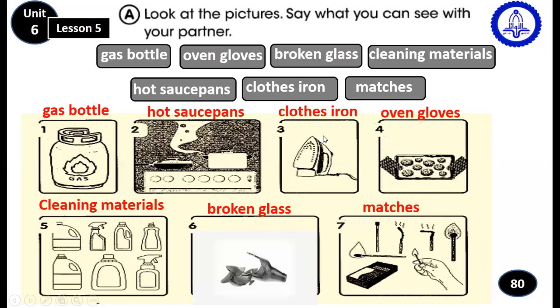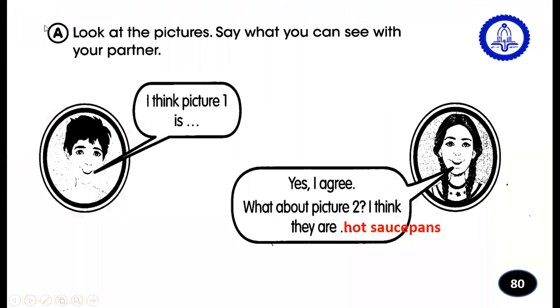After we describe each picture and write the description above each picture, here in Activity A we have the conversation between Basim and Hiba. Look at the pictures. Say what you can see with your partner. Basim said, I think picture 1 is gas bottle.